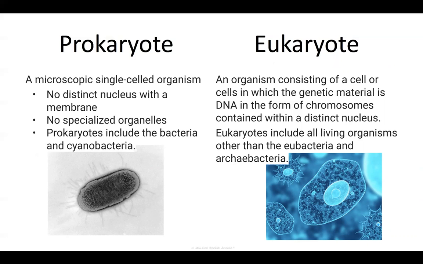Eukaryotes are organisms consisting of cells in which the genetic material is DNA in the form of chromosomes contained within a distinct nucleus. Eukaryotes include all of the living organisms other than eubacteria and archaebacteria.